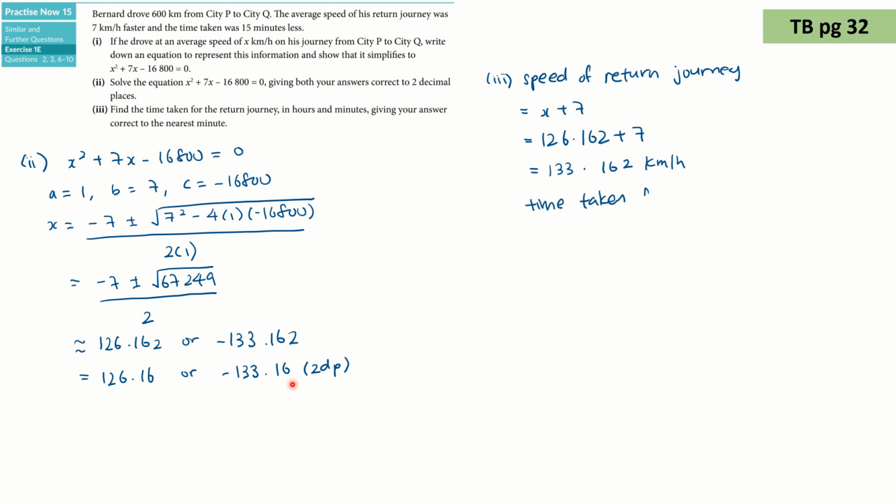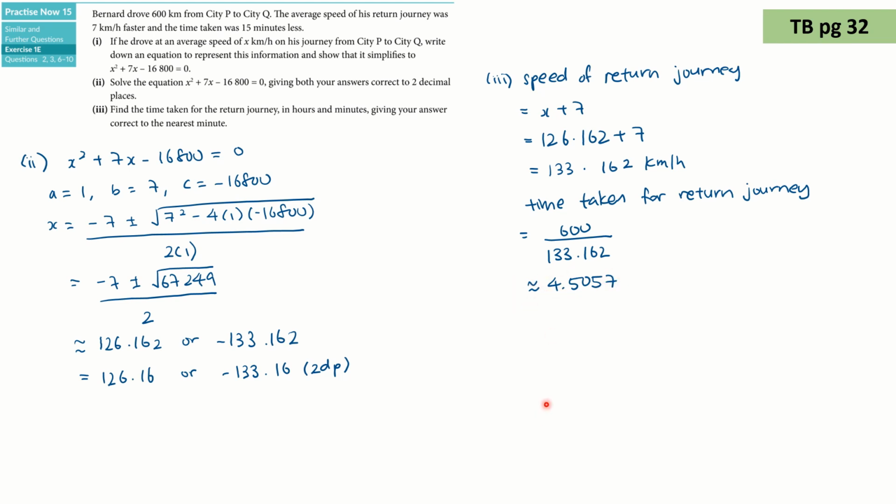Then from here, the time taken for the return journey will be distance divided by speed, and the distance was 600. So we will take 600 divided by 133.162, and we will get the time to be 4.5057. The question wanted our answer in hours and minutes, so this is actually in hours.